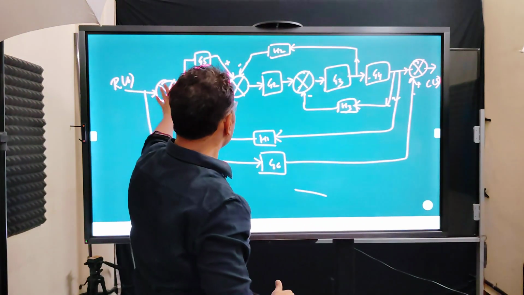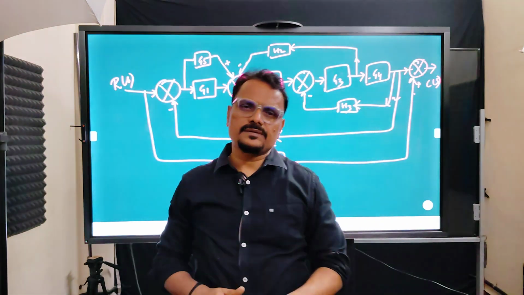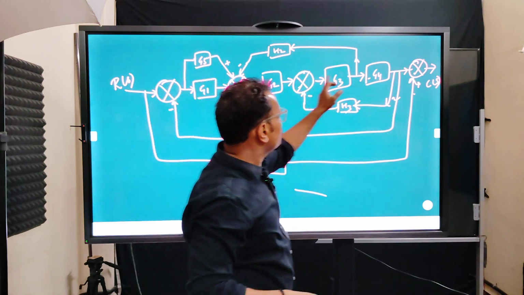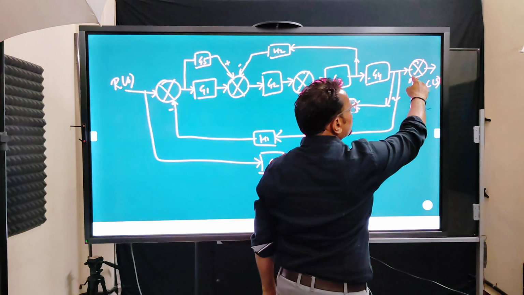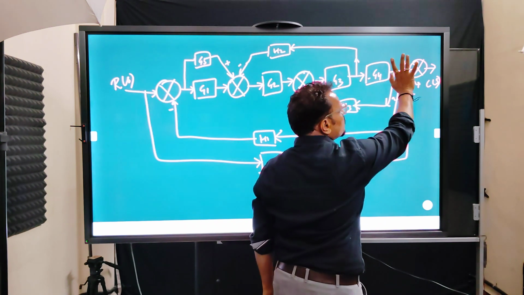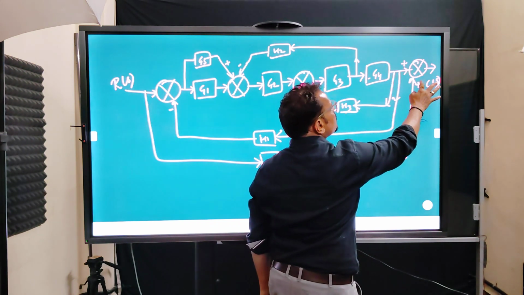Another thing is you can find some blocks like this. We call them summation blocks. There could be multiple inputs; like here there are 2 inputs. One is coming this way, and if anything is not represented, we consider it as plus, and another one is also plus.